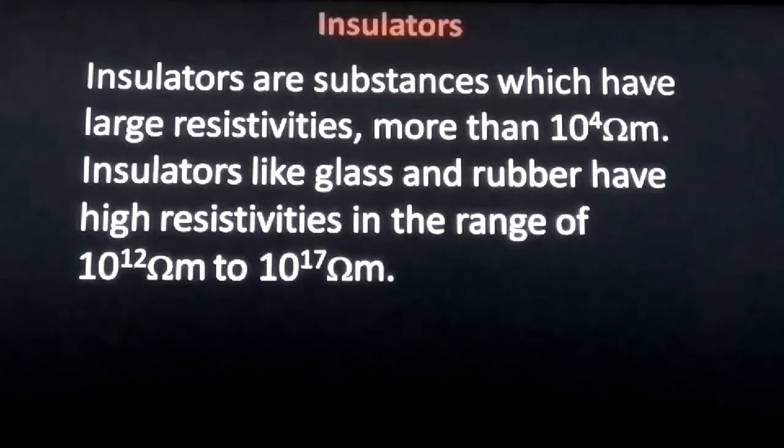So if by chance the electrician wearing rubber gloves or shoes happens to touch a live wire, the rubber will not allow the current to pass through his body to the earth. As a result, he will not experience an electrical shock even if he touches the live wire.